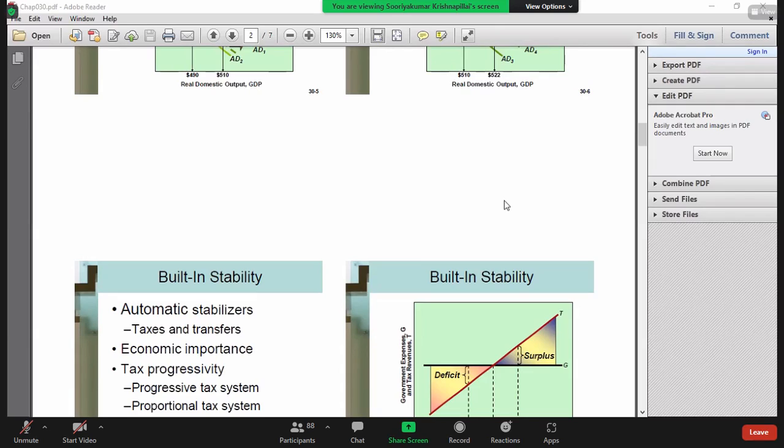So when the real GDP increases, if we assume government expenditure is not changing over the years, tax revenue increases because of the progressive tax rate system or any tax rate.